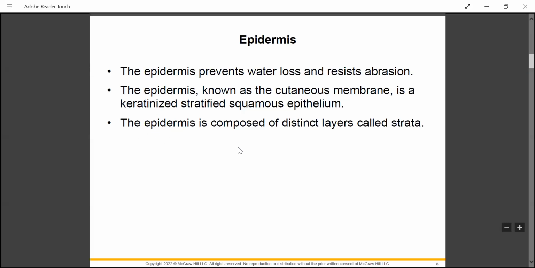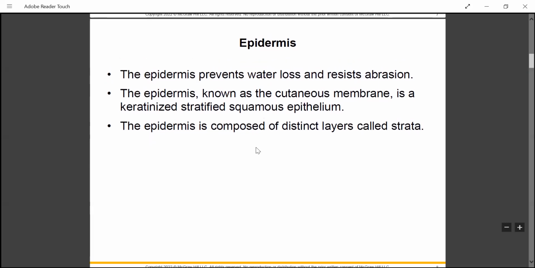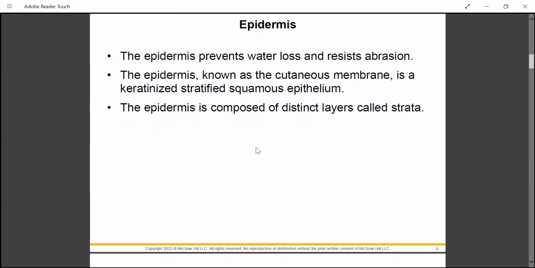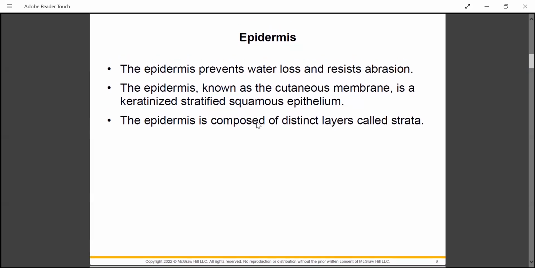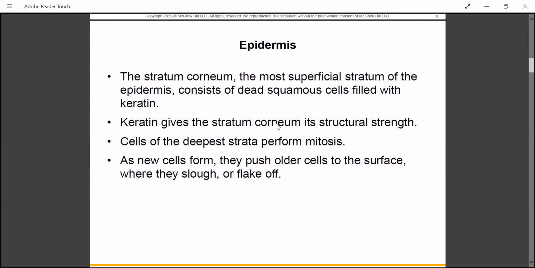And our epidermis is composed of 5 distinct layers for a majority of our skin. Sometimes it's just 4 layers, but it's multiple layered. That's why it's stratified. So our most superficial layer is called the stratum corneum. And so this layer is actually dead cells.